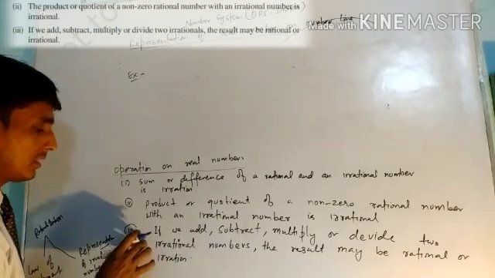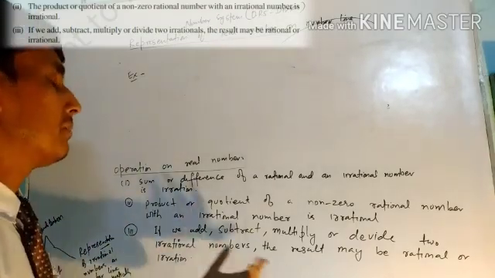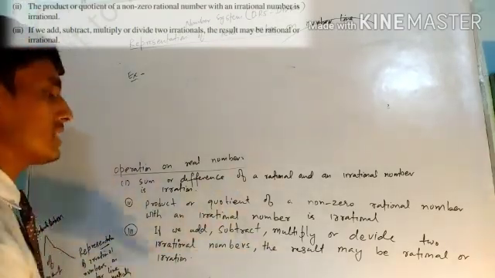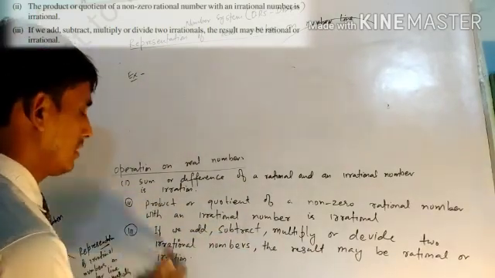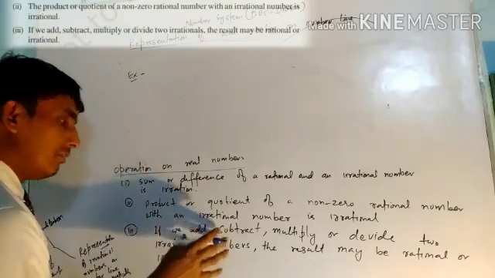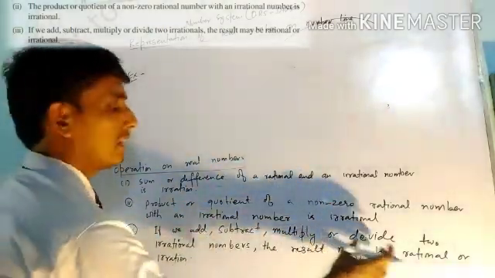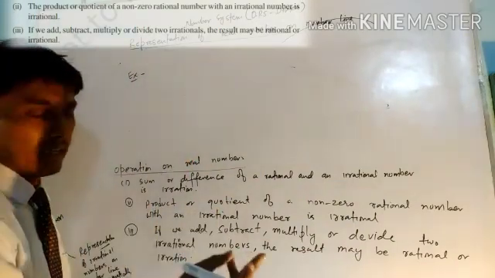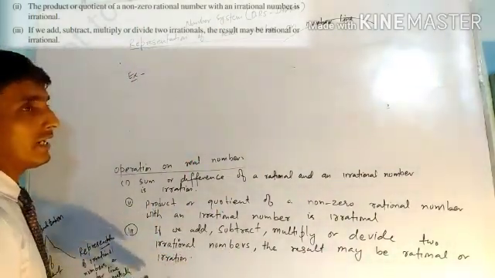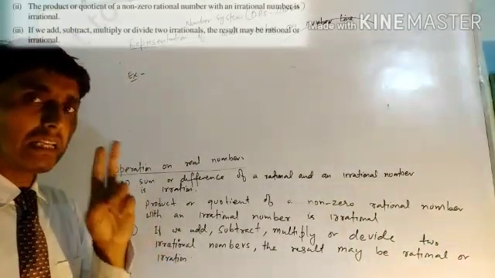So the next point is, if we add, subtract, multiply or divide two irrational numbers, the result may be rational or irrational. In the previous point it was rational and irrational, but here both numbers are irrational.